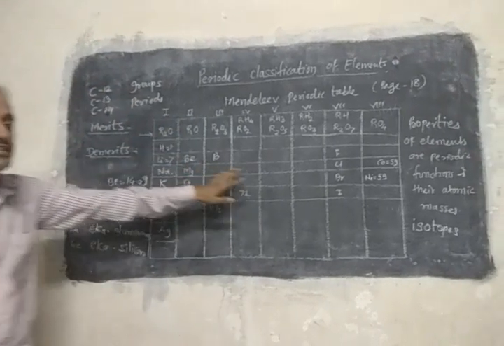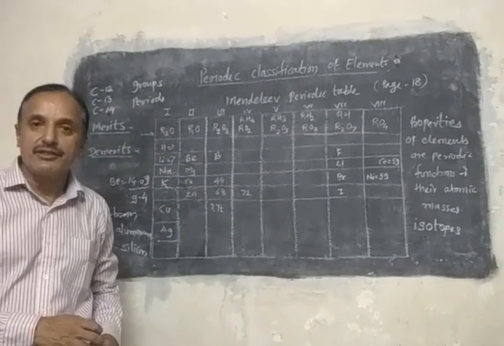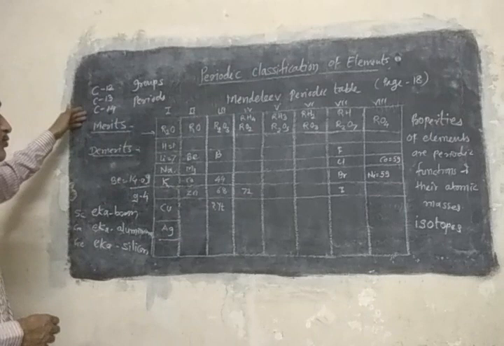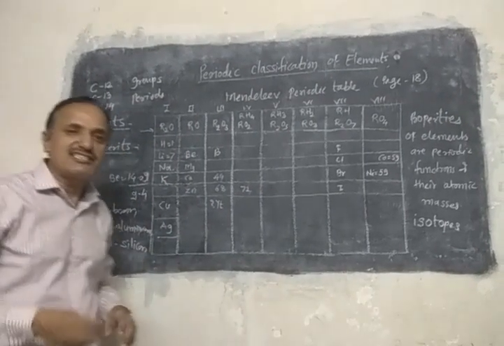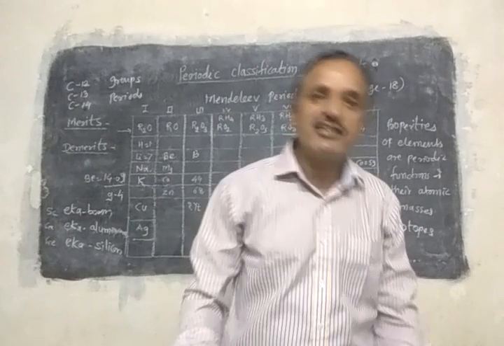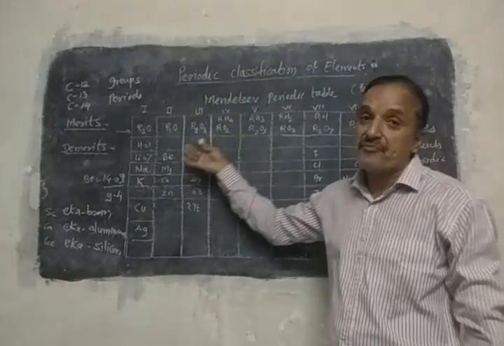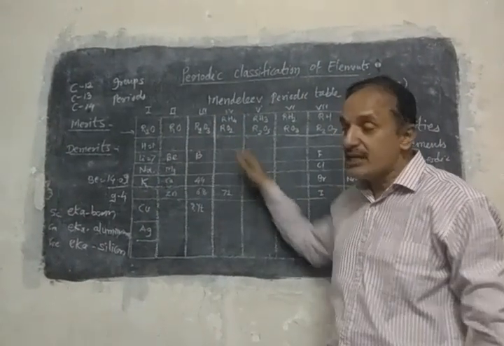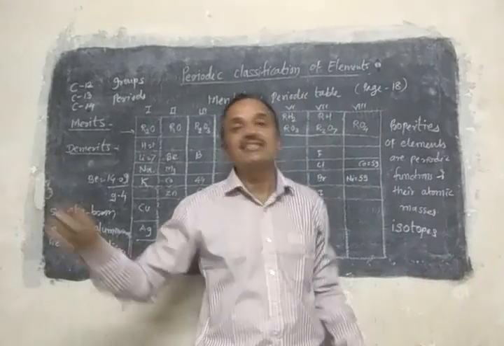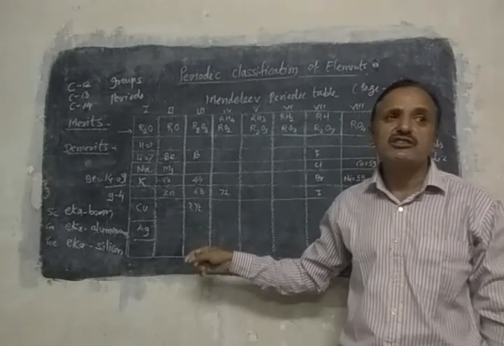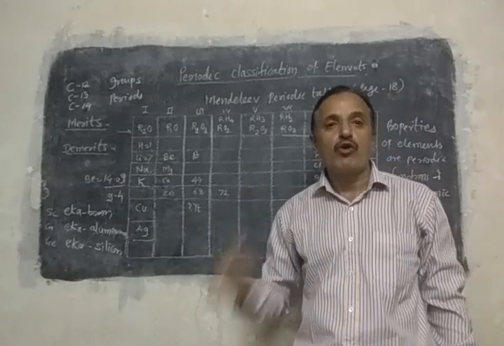Here a place is given only for carbon, not for carbon 12, carbon 13, carbon 14. Most of the elements have isotopes. So in that table, the isotopes could not get a place. That was the biggest drawback of this table.